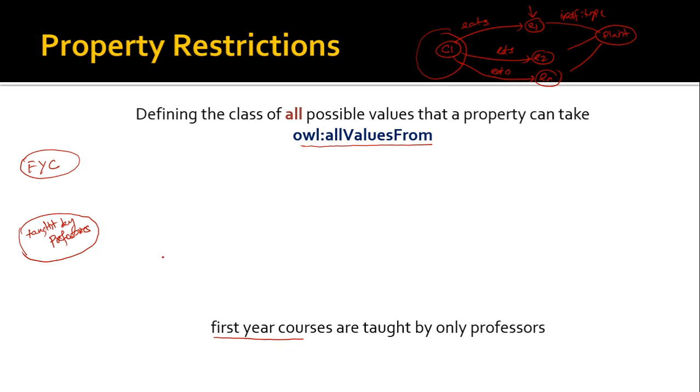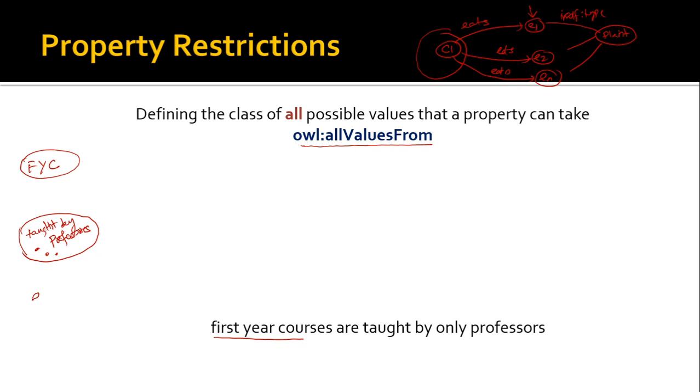I'm not saying explicitly that these are the courses, so you can think of this as one anonymous class. We are not naming this class, but we are representing it by specifying this statement: these are the kind of entities that are taught by professors.